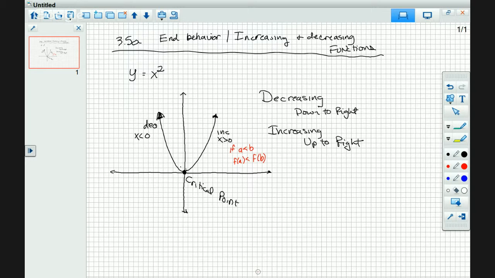So basically what we're saying is any a and b are x values. If I have an a that is less than any value of b, a is smaller than b, that means f of a is smaller than f of b.